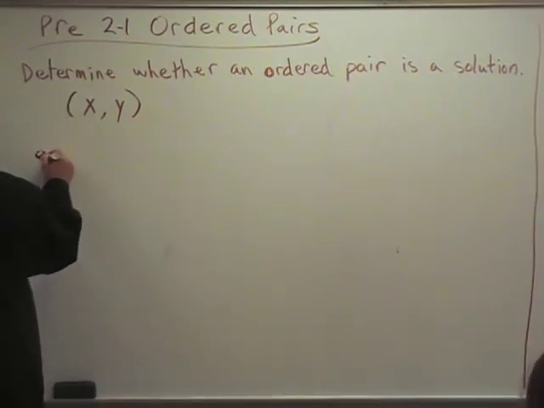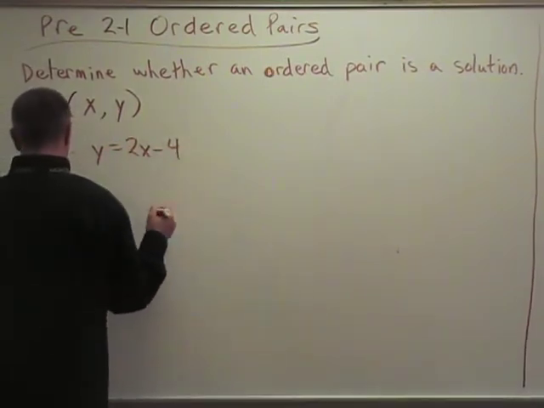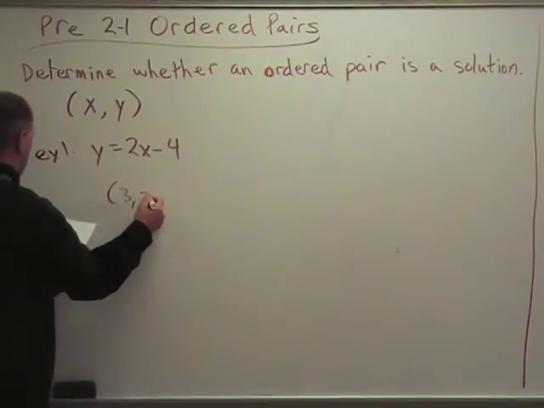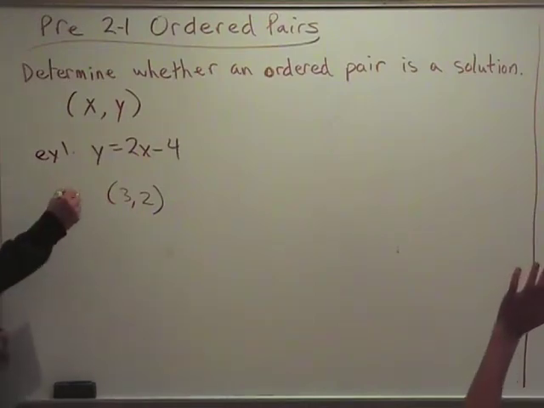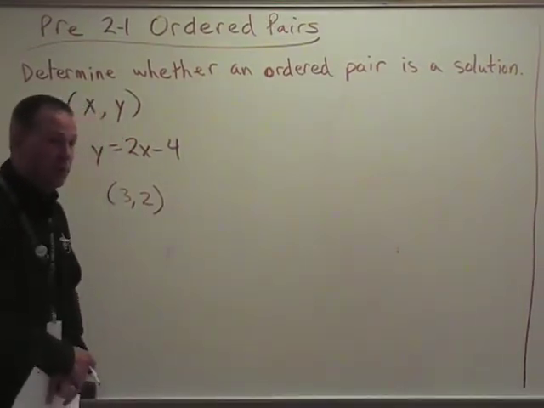So, here's example 1. Y equals 2x minus 4. I want you to tell me if the point 3, 2 is on the line that that equation makes. Okay, some of you aren't sure how to solve the equation?